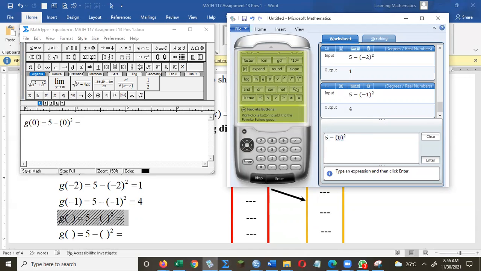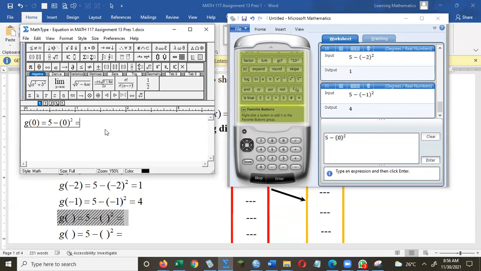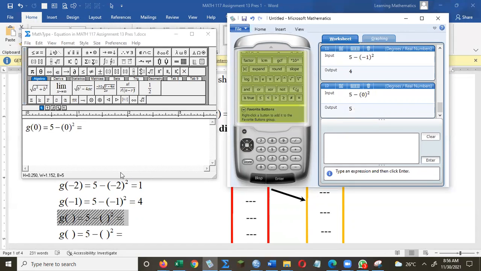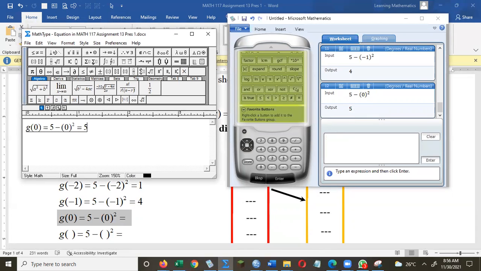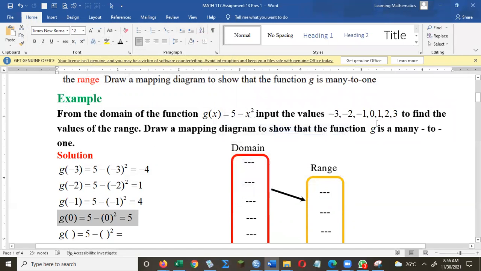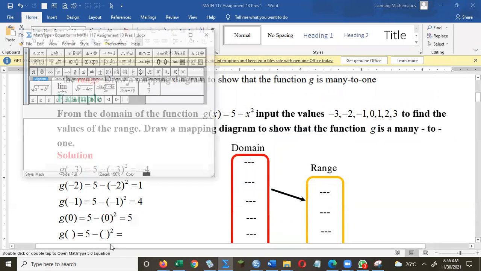What is g of 0? Anybody? Going once, going twice, going three times. Let me press enter in my calculator. g of 0 is 5. Someone said 5, thank you very much. Let's move on. We did g of 0, now we're going to substitute 1.